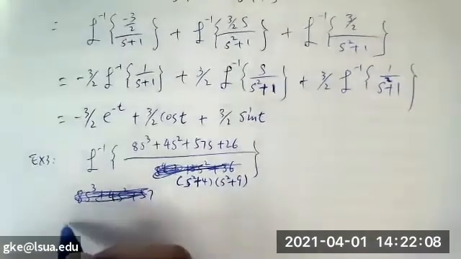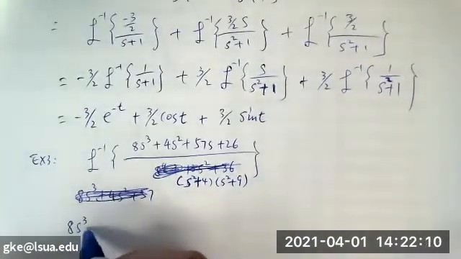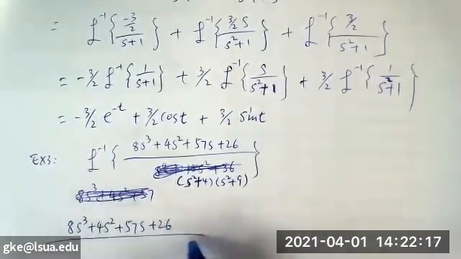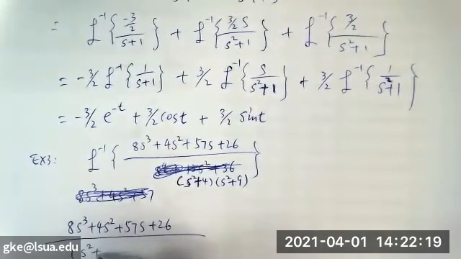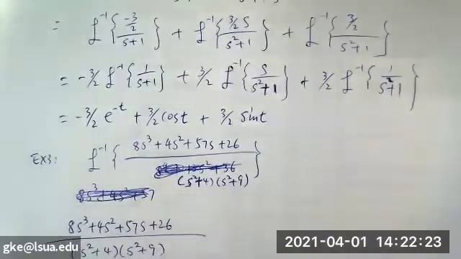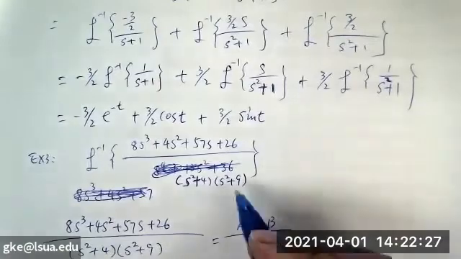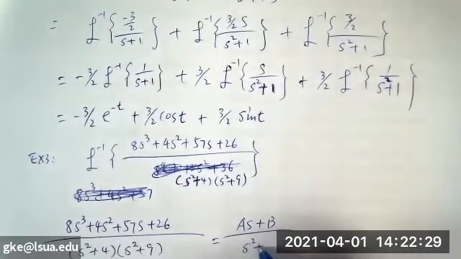Okay, so when we do the decomposition, we're going to have (as plus b) over (s squared plus 4) plus (cs plus d) over (s squared plus 9).